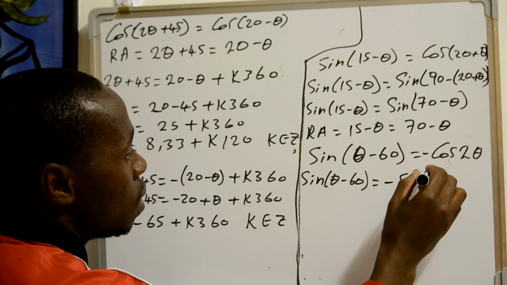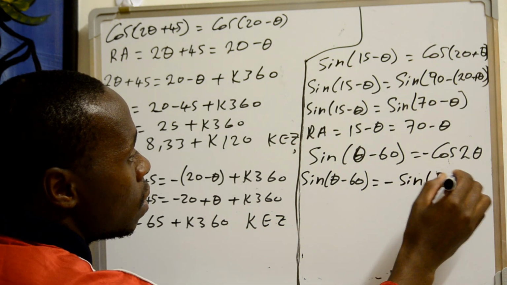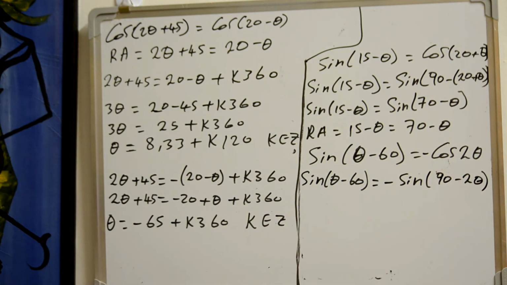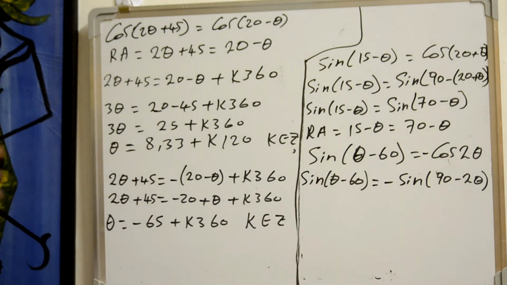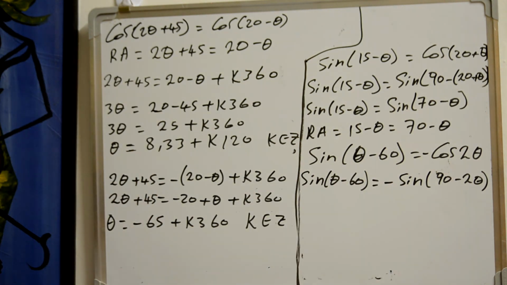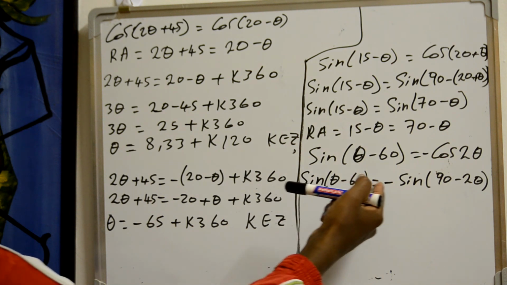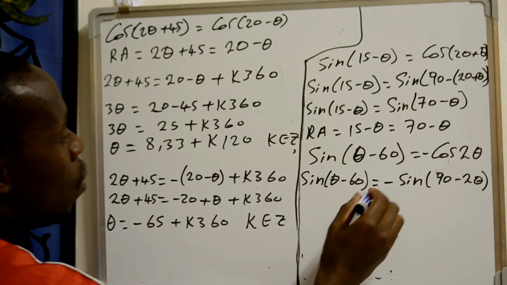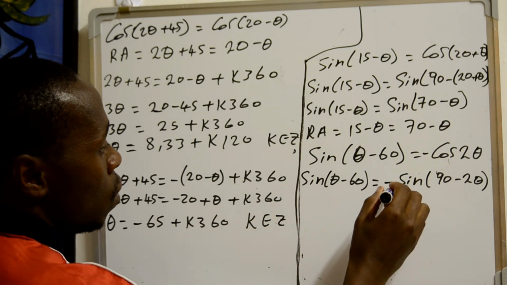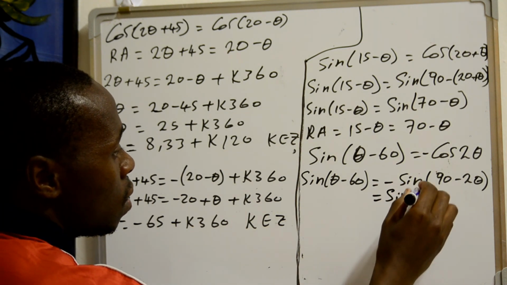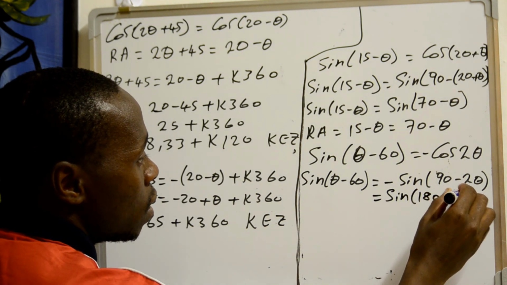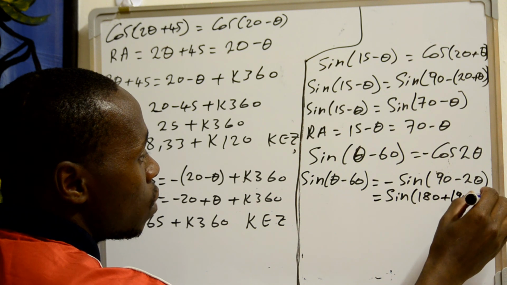So this will be sine of 90 minus 2 theta. We know that already. Now the question is that sine is negative in the third and fourth quadrants. For the third quadrant, 180 plus theta, which is 90 minus 2 theta.